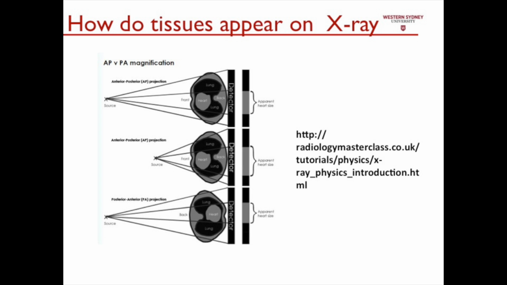In this example, we can see with a reduced source to detector distance in the middle, this enlarges the appearance of the heart. If the X-ray is taken from the back instead of the front, the heart will appear smaller.